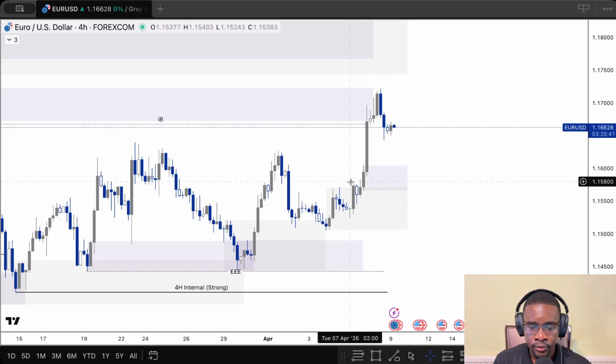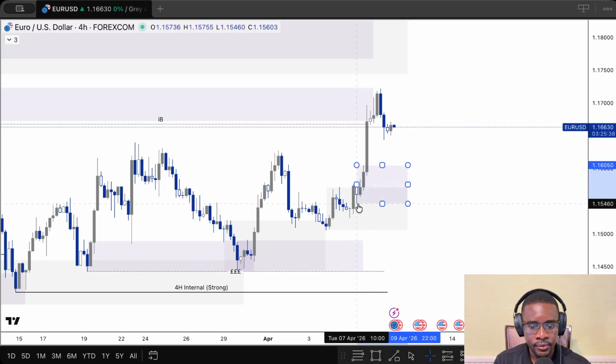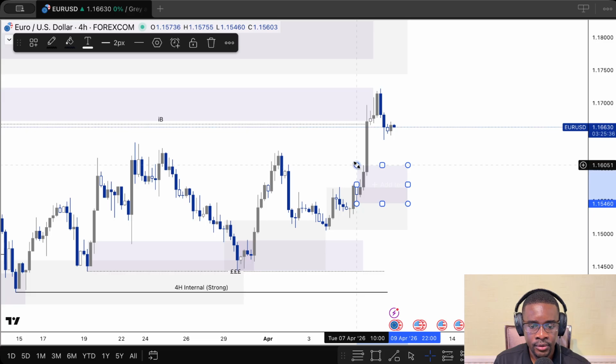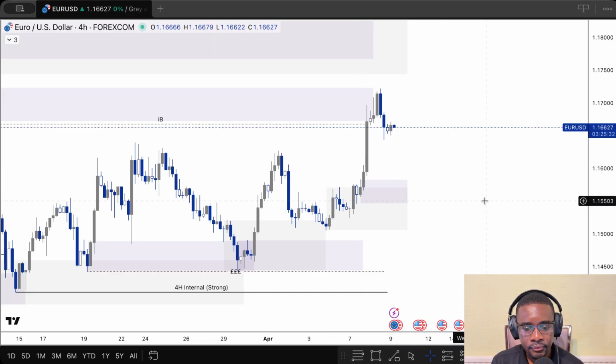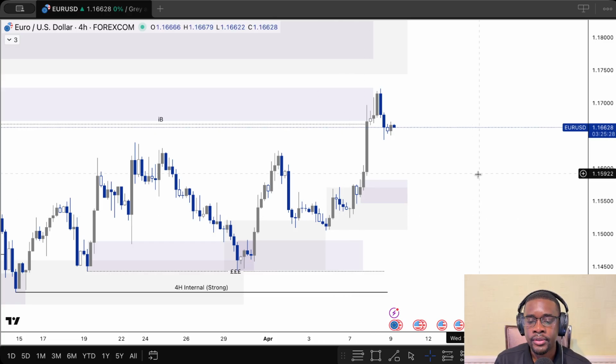What we do have though is this fractal structure, so let me just cover this like that. All of this area is an area of interest.